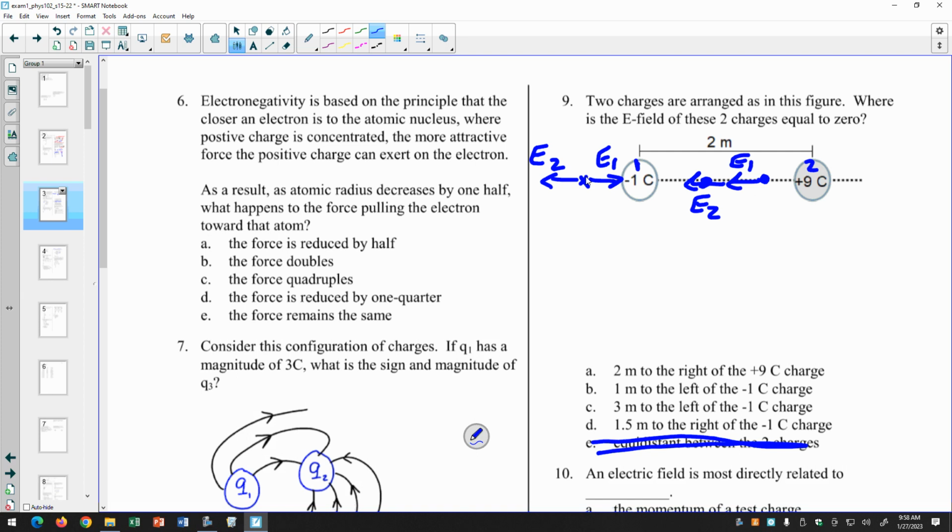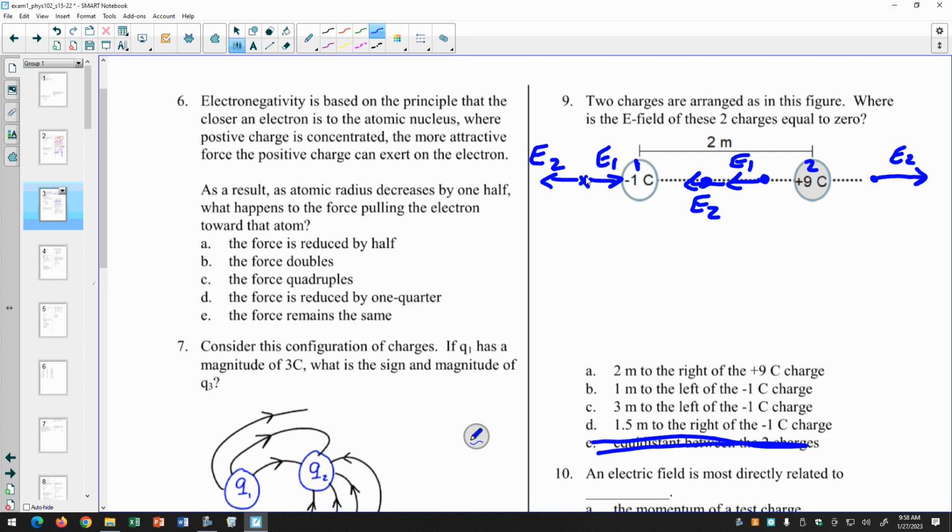And then similarly over here, if I draw the electric field due to the second charge like that, the electric field due to charge 1 is going to be to the left, but is it going to be bigger, smaller, or potentially the same as E2? Is the electric field at this point due to this charge bigger, smaller, or the same as the vector I just drew?